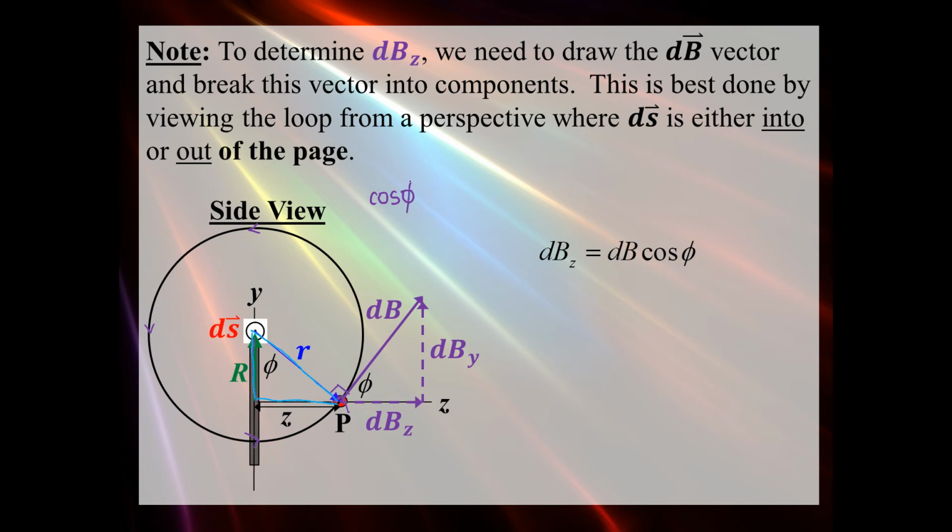So cosine of phi would be equal to, well, side adjacent would be capital R, and then side hypotenuse would be little r. But we got an equation for little r on the previous slide. So little r is just going to be the square root of z squared plus r squared.